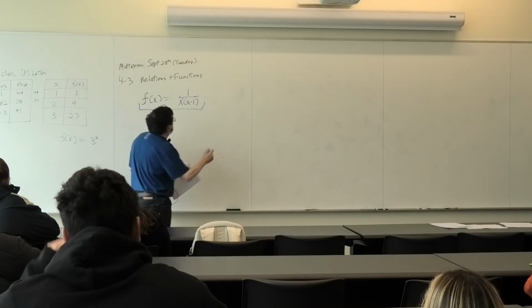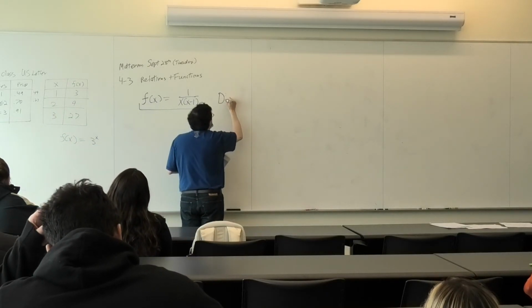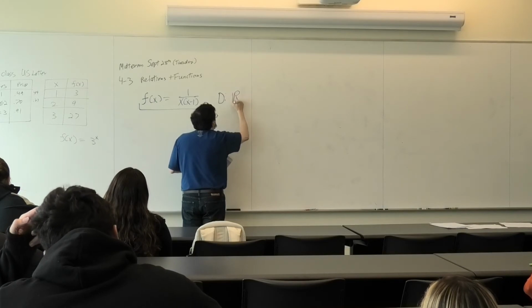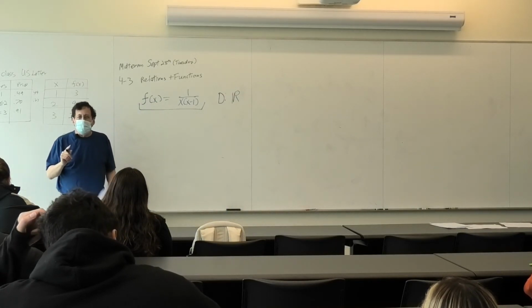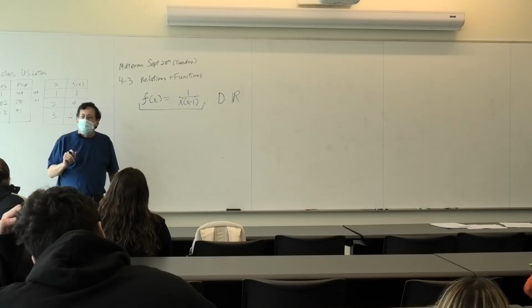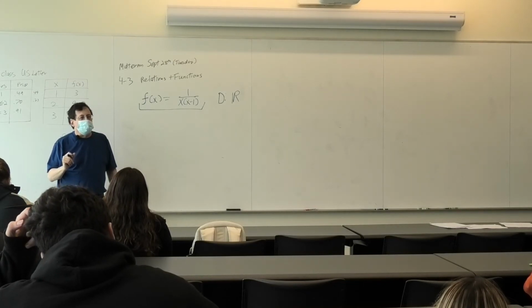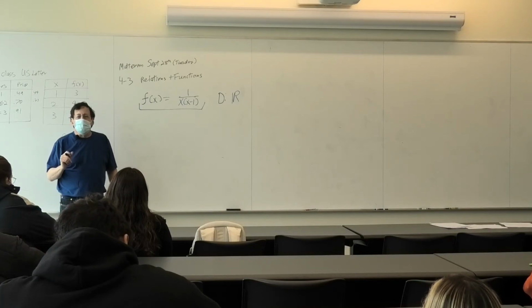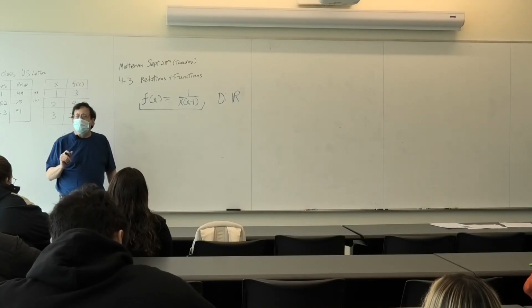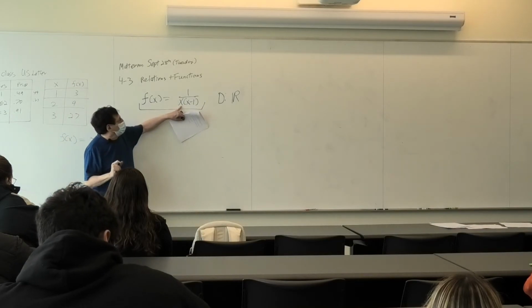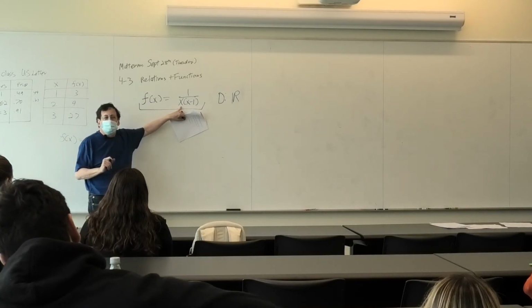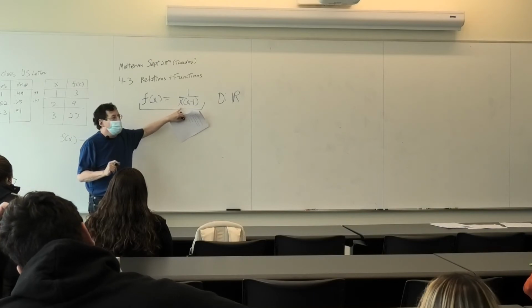That's a good starting point. All real numbers. But there are a few real numbers that won't work. Anyone see a number that won't work? What about 0? You can't divide by 0, right?